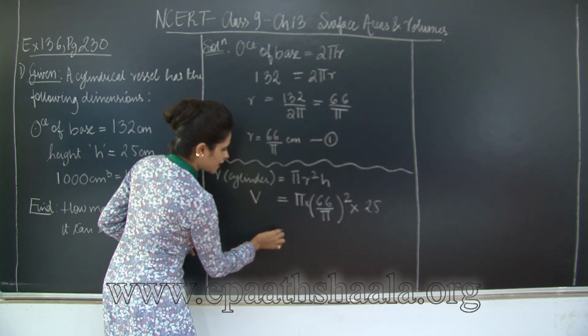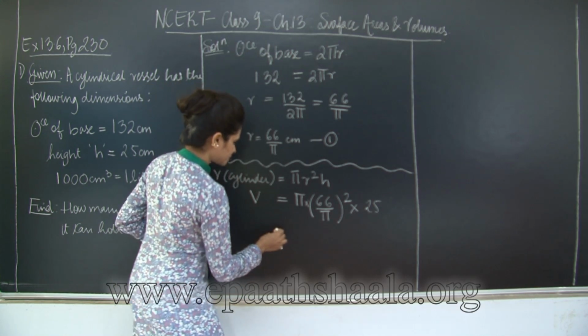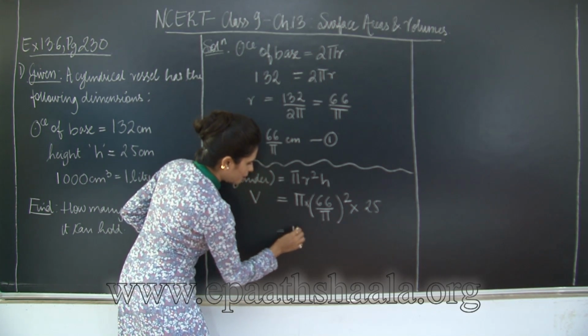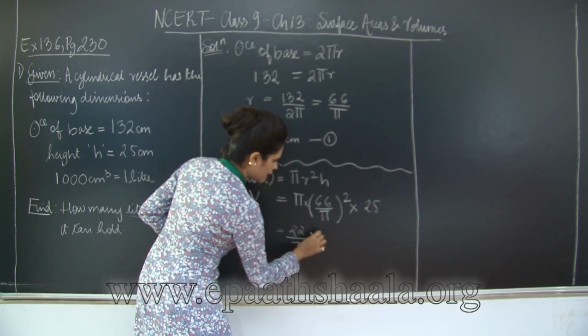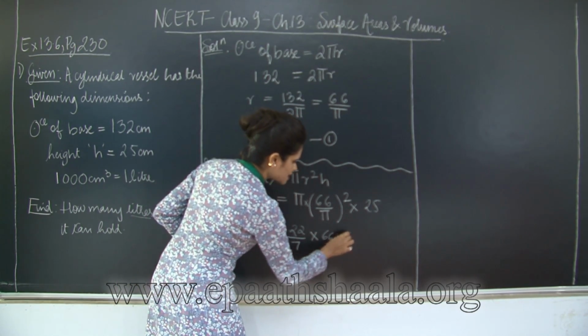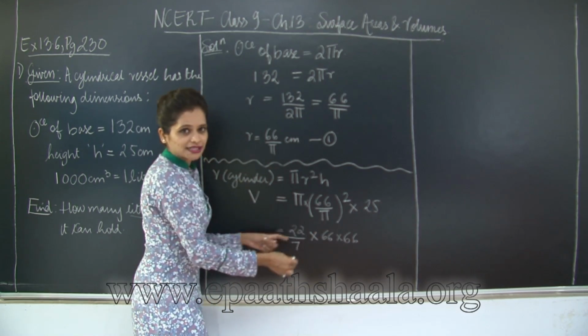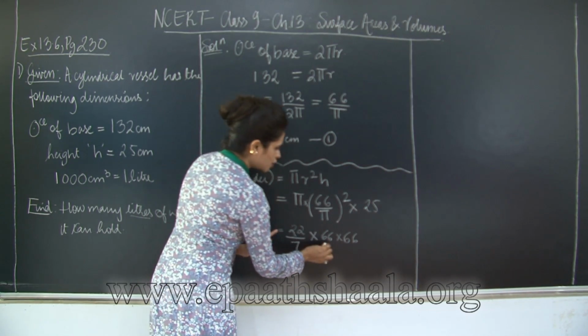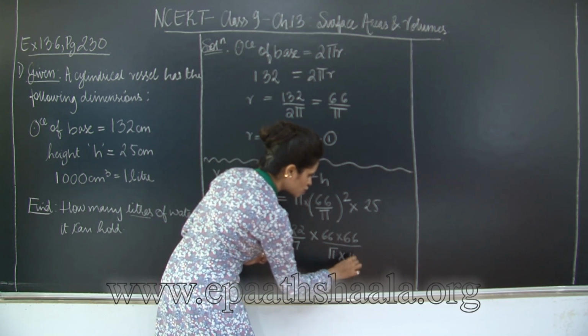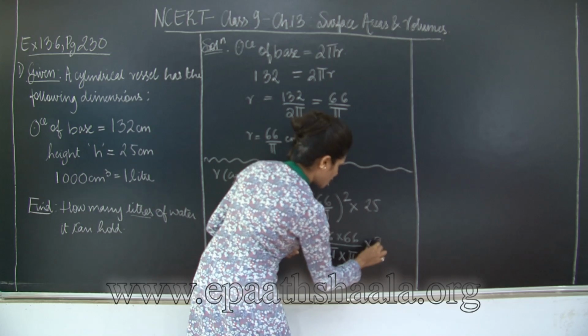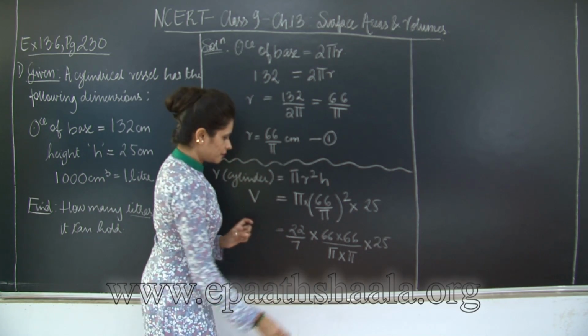So let's expand this bracket now. Pi is 22 by 7 unless stated otherwise, into 66 into 66. Why 66 into 66? Because I'm expanding this bracket. So 66 square upon pi would be 66 into 66 upon pi into 25, right?